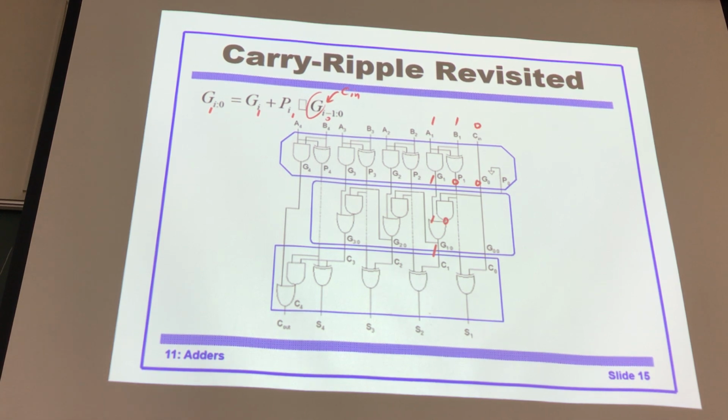So another example. If A is 1, B is 0, then there's no carry generate and no carry propagate. Then there's no carry out, right? 1 here, 0 here, and there's no carry in, so you get no carry out.